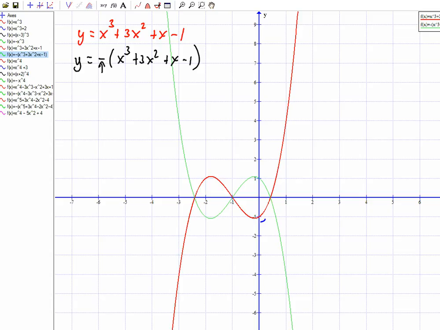Let's see. Nah, you know what? Okay, if you took this and did it this way, this should be further that way. It's the x-axis.